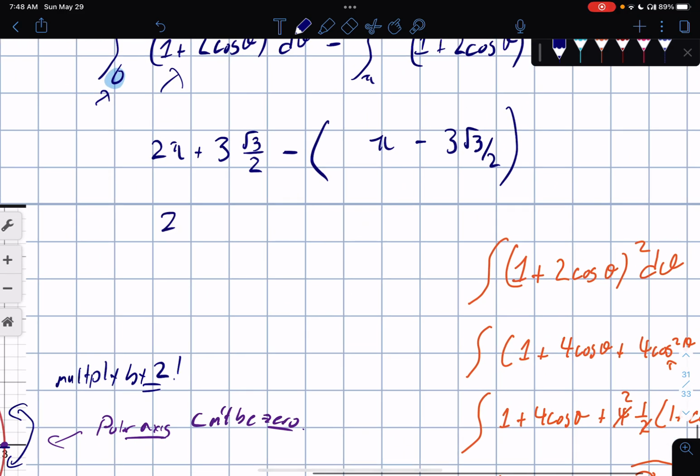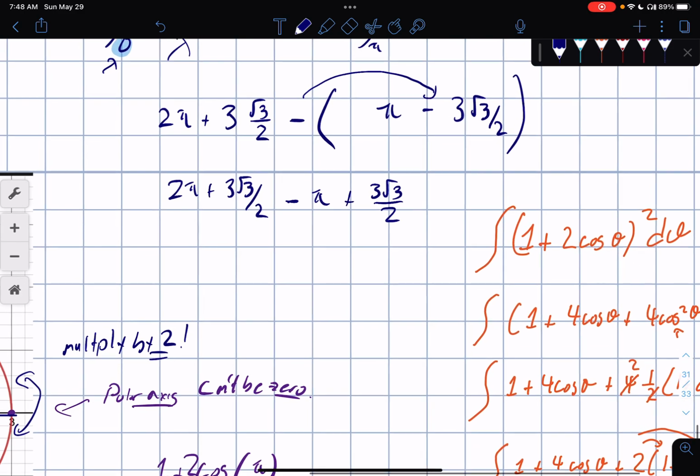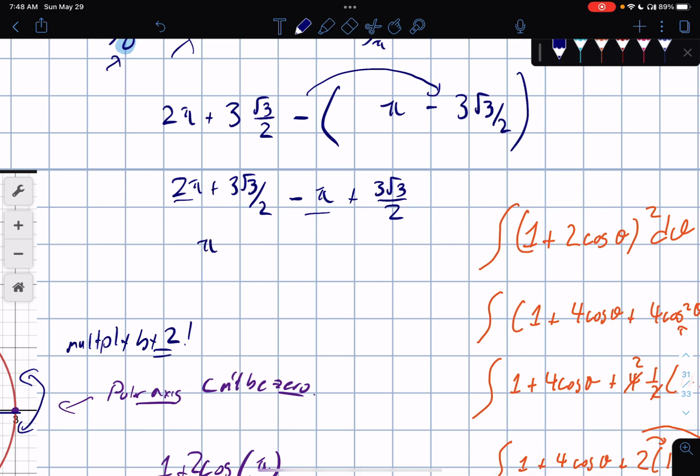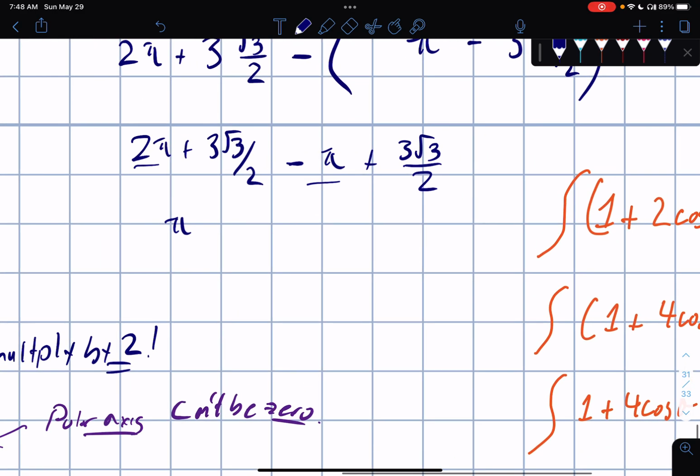So we're going to get 2 pi plus 3 root 3 over 2 minus pi plus, so this goes over here, 3 root 3 over 2. So this pi and this pi end up being just a single pi.